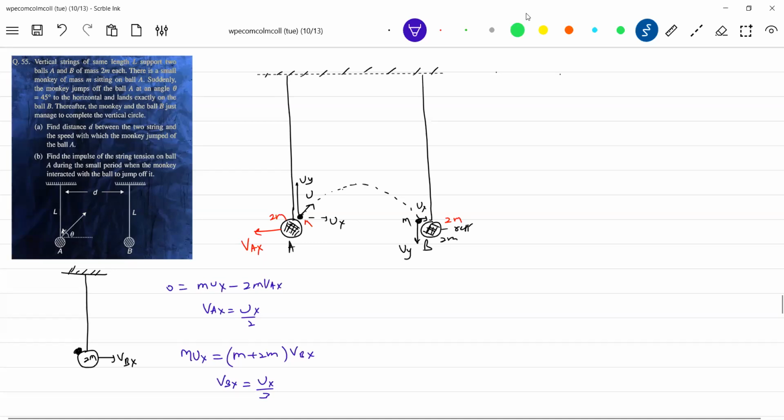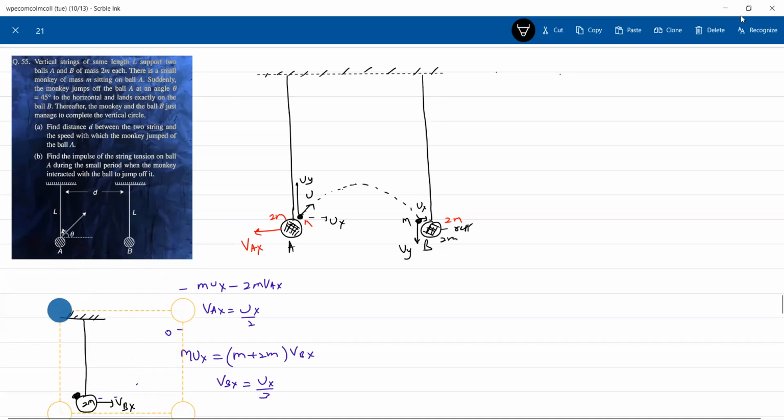So what is the condition again? V_Bx is just sufficient to complete the vertical circle. Problem is over.